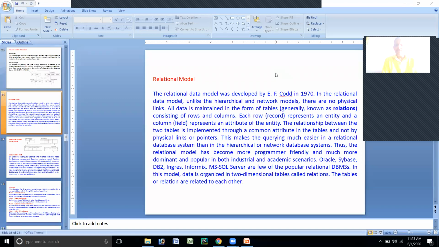Then, all the data is maintained in the form of tables. This relational model uses tables. How do we define what a table is? A table is nothing but a collection of rows and columns organized in a particular way.